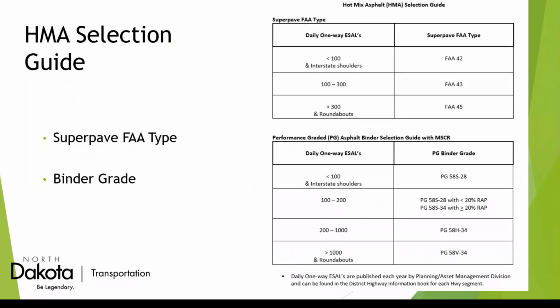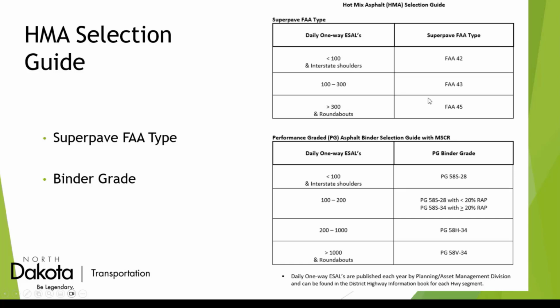This is, again, in Tyler's presentation as well. The catch here is on the right side. Here is the breakdown now. There are just the 3 FAA Superpave grades instead of the 6 we had before, which is good from a contracting standpoint. And basically, it's eliminated those unique hybrid jobs where you might see an FAA 40 or 44.